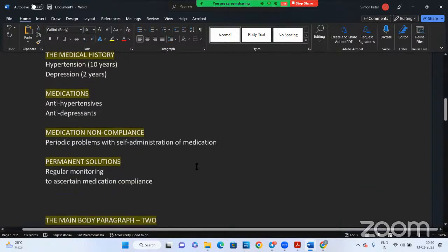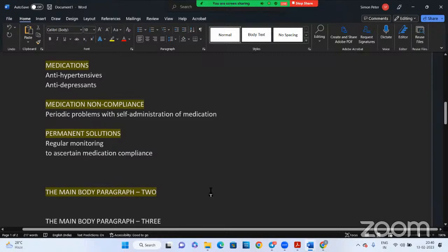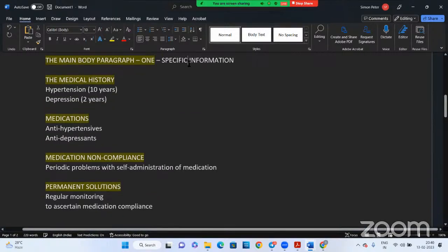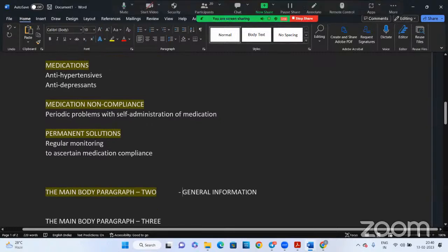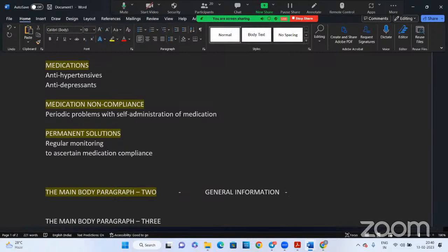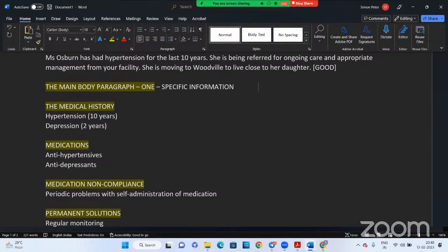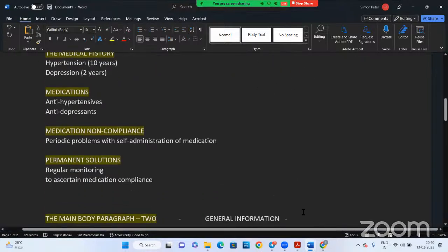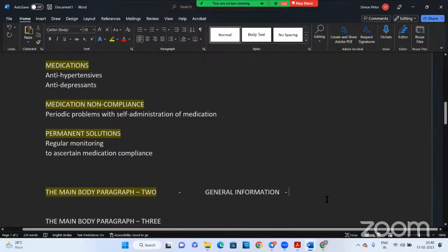And the next paragraph, number 2, is generic information, general information. This is about the patient's problem, talking entirely about other histories. Specific information is the medical history. And this is talking about general information, that means general history.